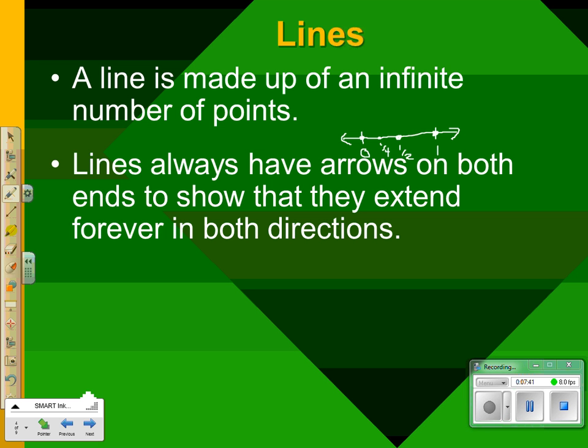I know it seems simple, but it's very important that you understand that's what makes a line a line. Because as we go through chapter 1, we're going to have some things that don't have arrows on either end, and then we'll have some things that only have an arrow on one end. And you're going to need to be able to tell what you've got and what to call it. So for a line, forever in both directions.